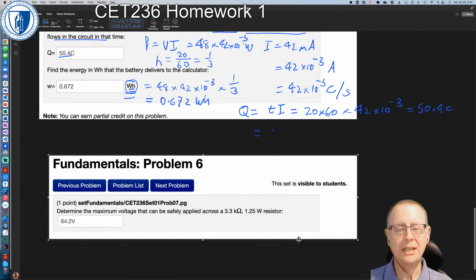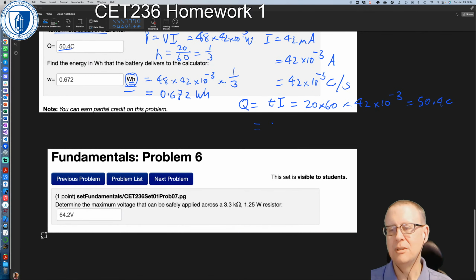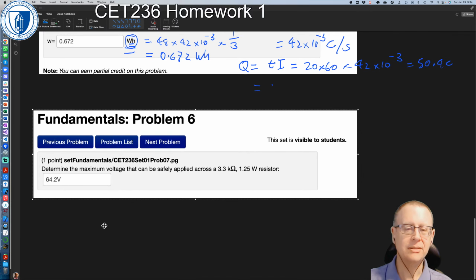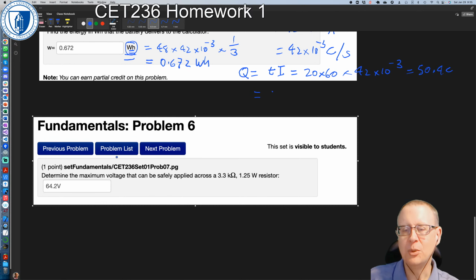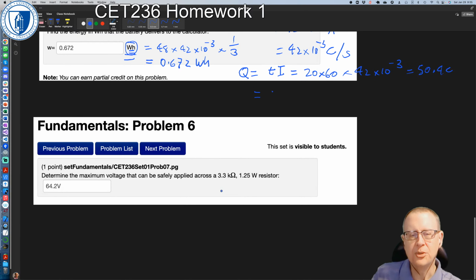But the power supplies we have can provide much more power than that. So it's possible to make a resistor burn. We try not to, but it's nice to know how to calculate some of the maximum values, and that's what this one's about.